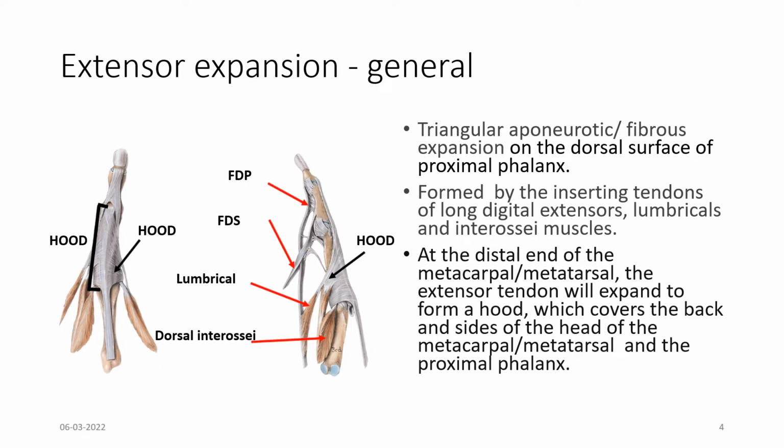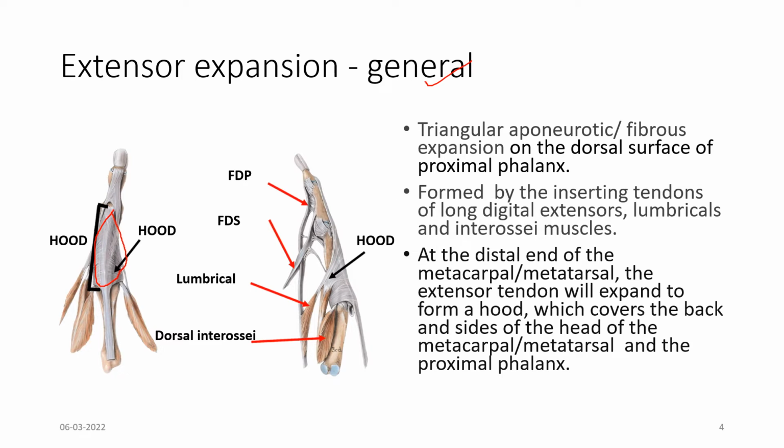What is it that you will find in the extensor expansion in general? So it is triangular. You can see the shape of it, and it's a fibrous or aponeurotic expansion seen on the dorsal surface of the proximal phalanx.